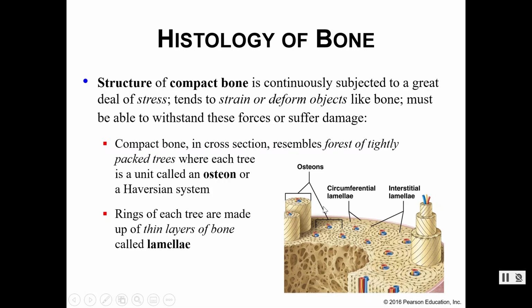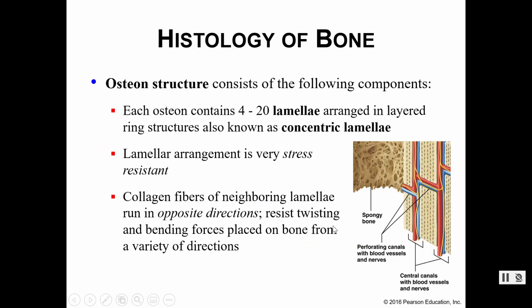I'm just going to call them osteons. You will notice that just like a tree trunk, it has layers. We have rings. These rings are called lamella. We've got lamella that compose an overall osteon. We've got tons of osteons arranged in this pattern that form your compact bone.